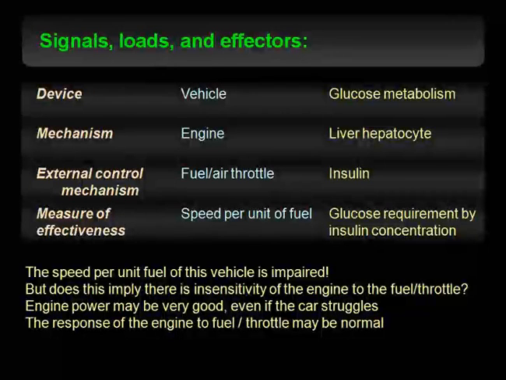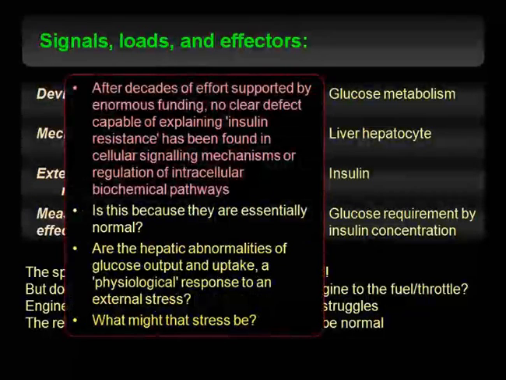So in equivalent terms, it may be that insulin sensitivity and insulin response is normal, but the liver hepatocyte itself is unable to function normally. Or perhaps, dare I say, it is responding normally, but responding normally to an abnormal load, i.e. that of calorie excess, substrate excess, if you like.